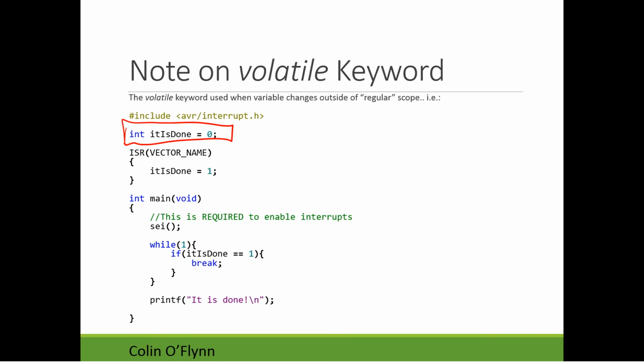I have an interrupt, and I don't care what it is, and I set it is done to 1 in that interrupt. What my main code does is, you would have to set up interrupts to actually have this run, but it enables interrupts, and then it just has this while loop, and it checks if it is done set to 1. Whenever it is, it breaks out of the loop and prints that it is done.